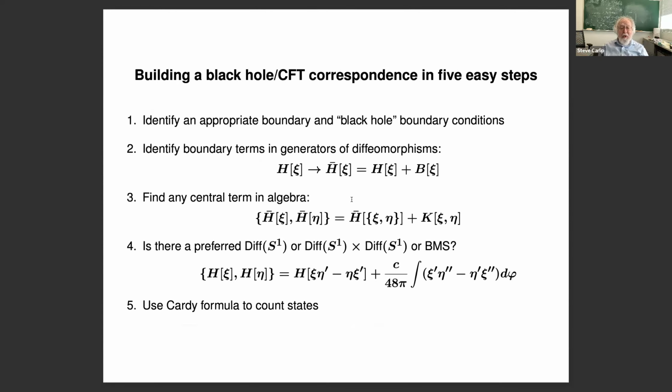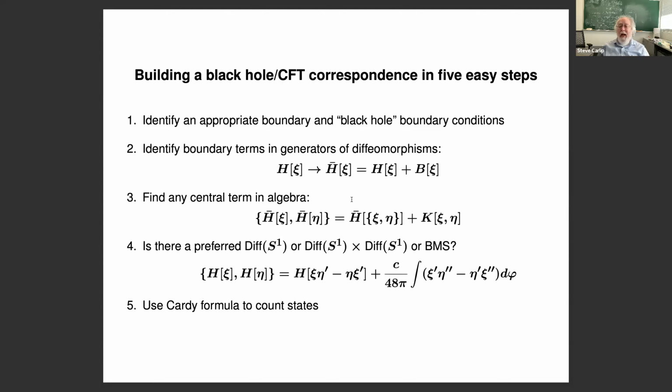Okay, so here's how you do it in 5, I should have put easy in quotes, steps. The first thing you have to do is identify appropriate boundary conditions. You have to do this if you're asking a question about black holes, because somewhere in the formalism, you have to put in the fact that you're talking about black holes.